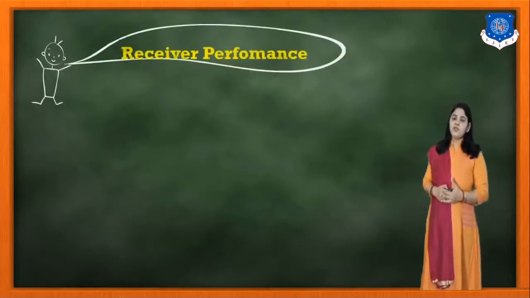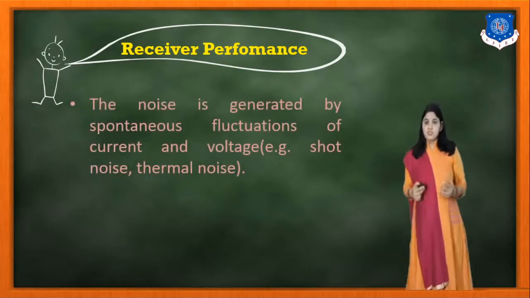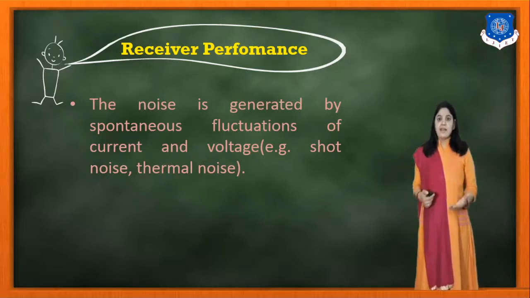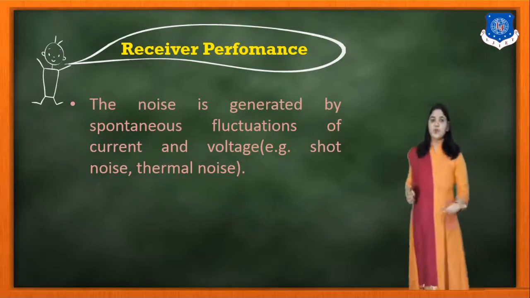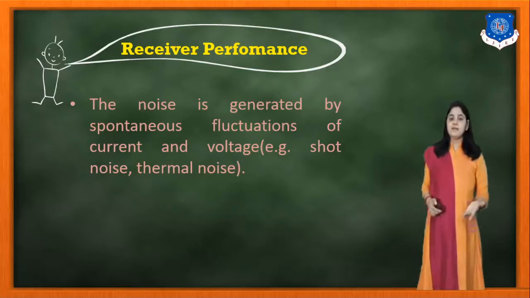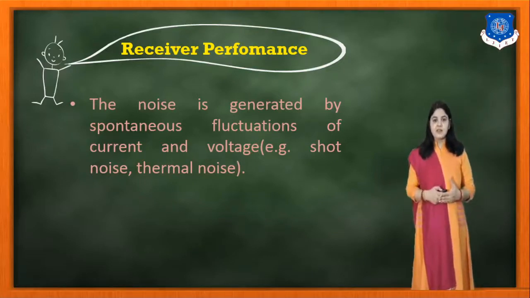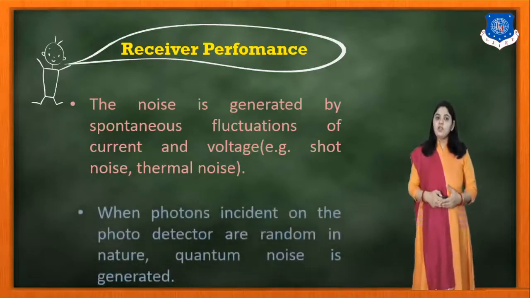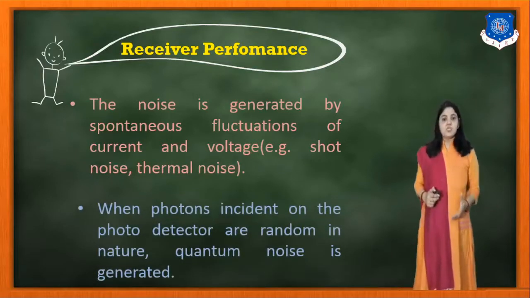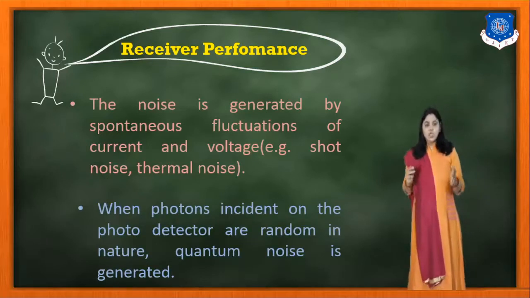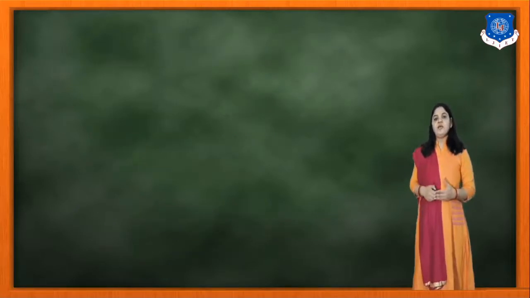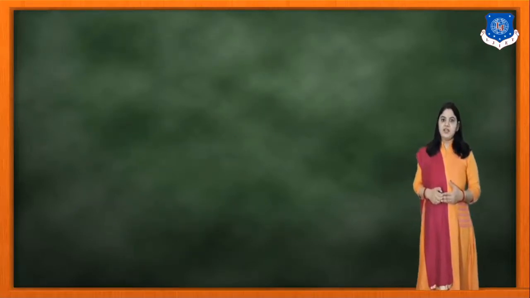Now we need to discuss the noise generated by the spontaneous fluctuations of the current and the voltage. These spontaneous fluctuations of current and voltage are referred to as noise, and this noise can be shot noise or thermal noise. When the photons incident on the photodetector are random in nature, quantum noise is generated.